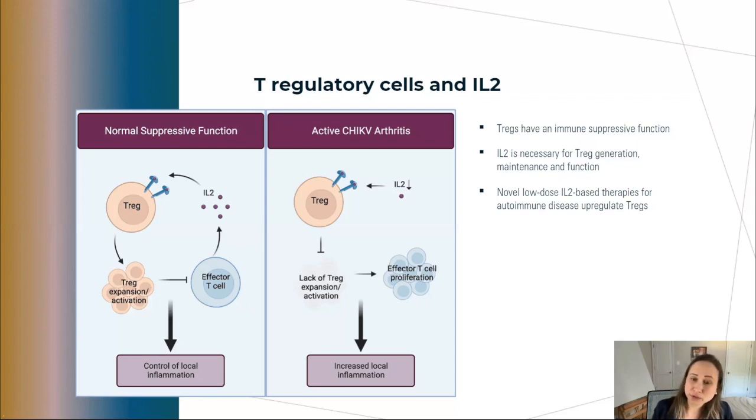However, when interleukin-2 is deficient, as we found in our patients who were likely to develop arthritis later, we find that there's a lack of Treg expansion and activation, and there's effector T cell proliferation, leading to increased local inflammation. So we questioned whether novel low-dose interleukin-2 therapies might be effective for autoimmune disease to upregulate regulatory T cells.